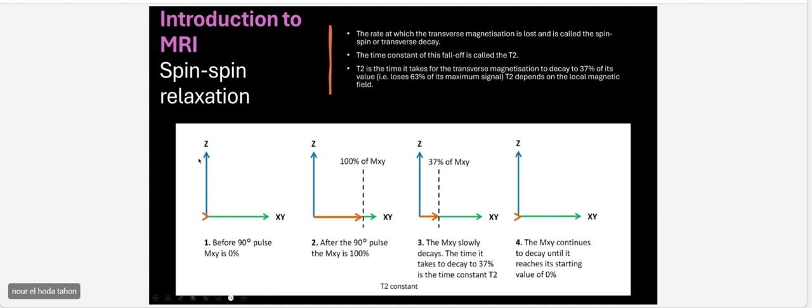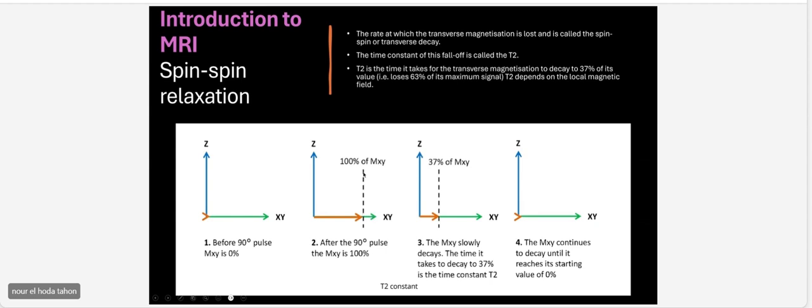So here, as you can see, we said once we have a radio frequency pulse, the magnetization will be changed to the transverse axis, right? And before it starts to build up in this direction, it's at 0. So here the XY is at 0 after the 90-degree pulse, and starts to build up in this direction.